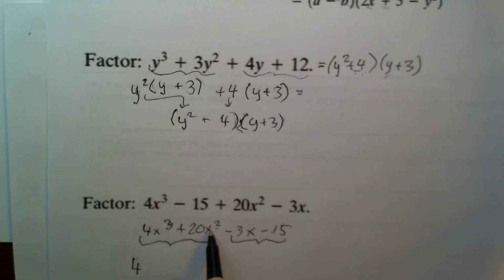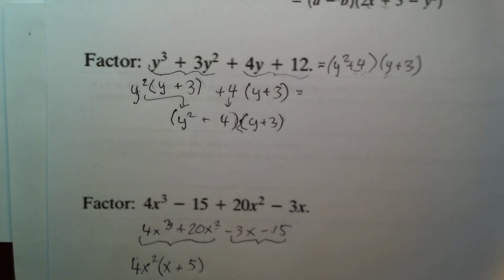Again, it's the lowest exponent for x. So that means in the parentheses we need to write an x, because 4x squared times x is 4x to the third, and we have to have a 5 when we factor out a 4x squared out of 20.